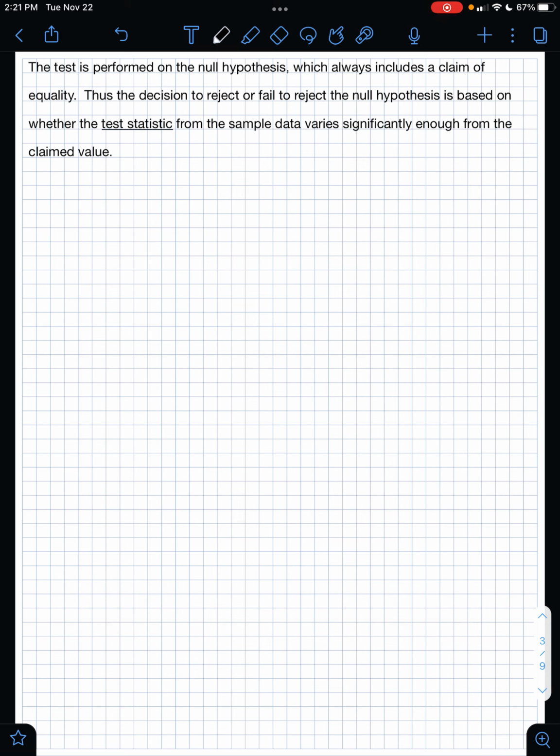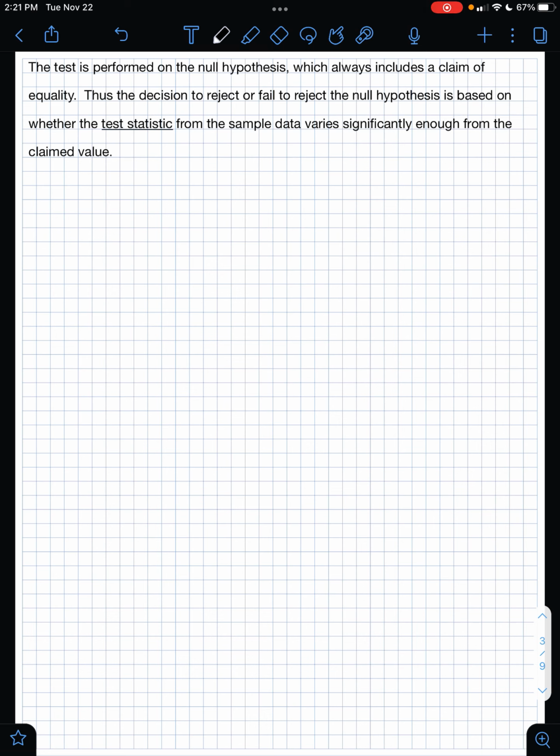So let's set the stage here a little bit. We have a test that is being performed on the null hypothesis, which includes a claim of equality. Now, to test it, we're going to go out and collect sample data, and then calculate our sample statistic.